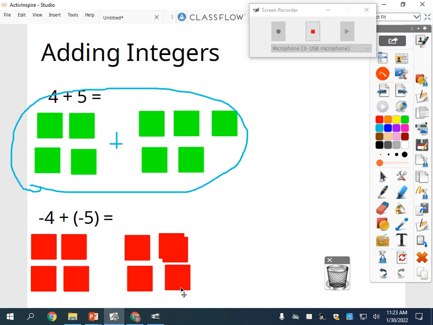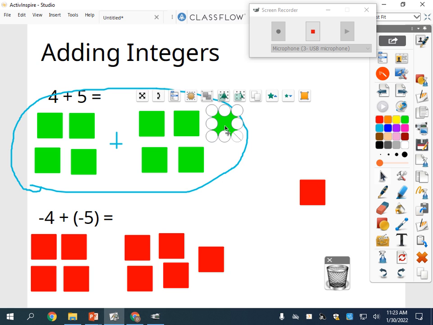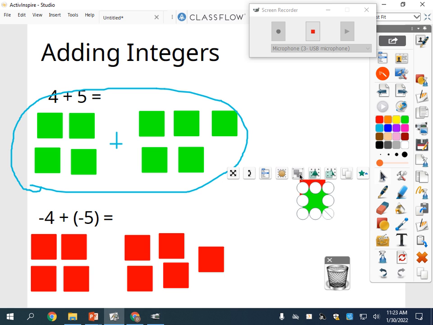And again, I don't have any zero pairs. To talk to you really fast about what a zero pair is: if I have a negative 1 and a positive 1 like this, it is called a zero pair, because if you put these together, they cancel each other out.